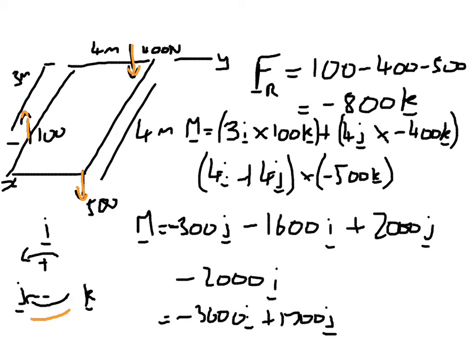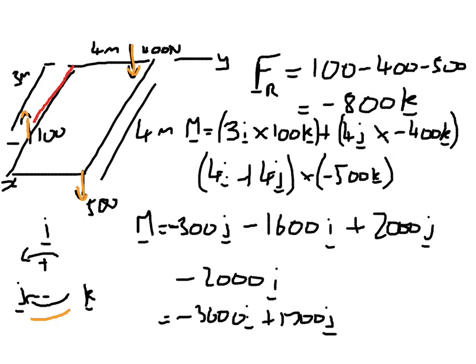on our plate? Well, we're saying here in our moment that there's going to be a turning effect about the i and the j vectors, the x and the y axis, if you like. In terms of the x position, so how far along the x-axis, that's a distance from the y-axis. So that will be a turning effect about the y-axis.